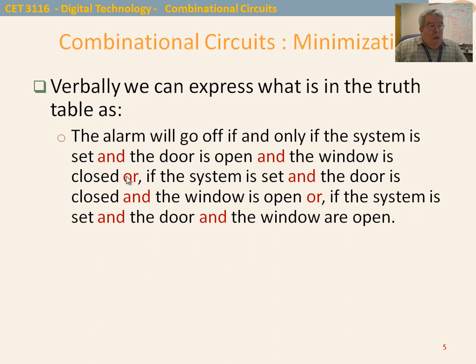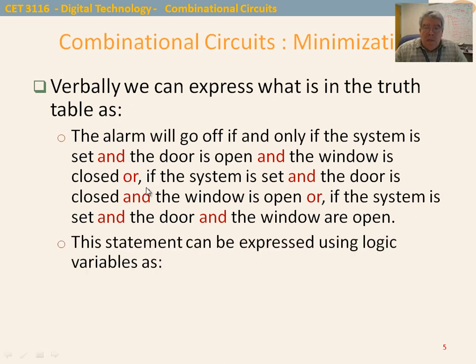If we use this, we know those words are key. And you see, there's a conjunction, saying both things need to be true. So the system should be true and the door open should be true, so that the alarm sounds. And the window is closed, or if the system is set and the door is closed and the window is open, or if the system is set and the door and the windows are open.